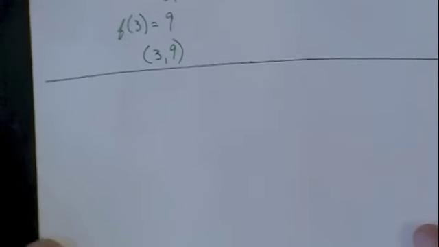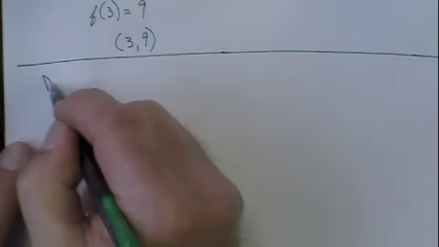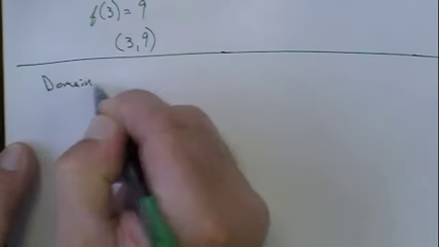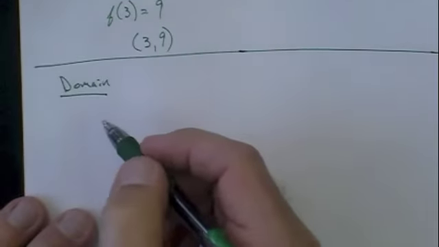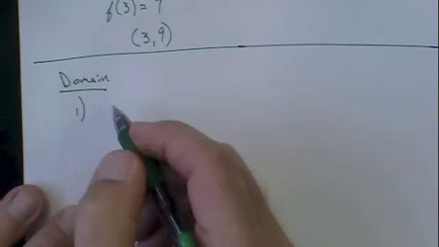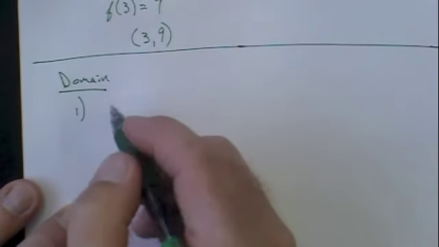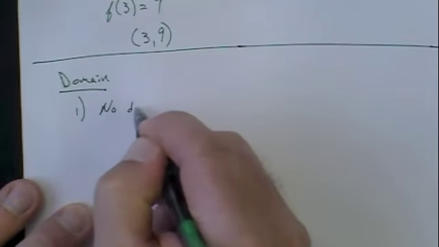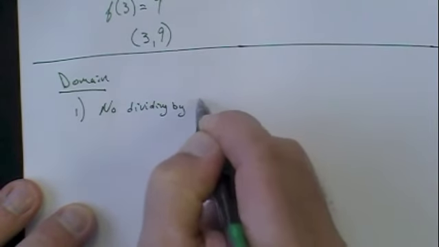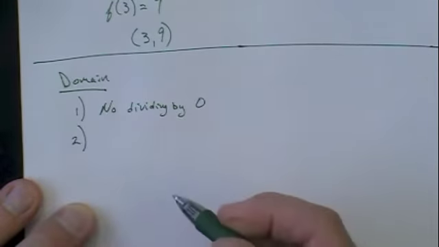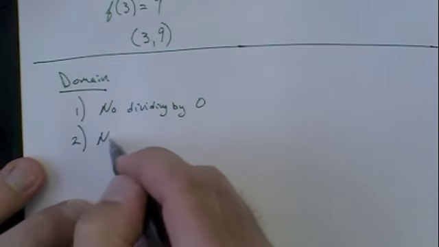Another part of this section, we're looking at domain, our x values. Now remember, we basically have two rules that we always need to check when we're looking at domain. First one is that we're not allowed to divide by 0. And the second one is that we have no negative radicals.